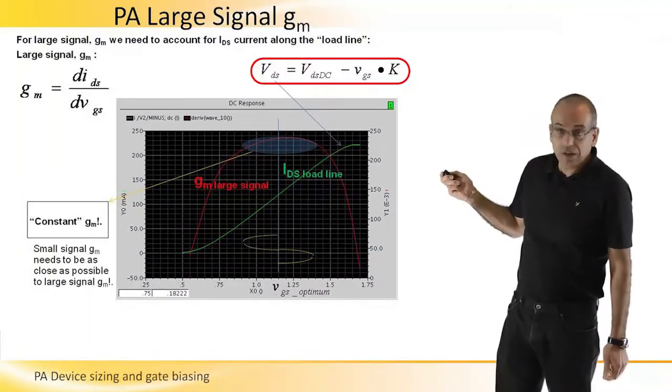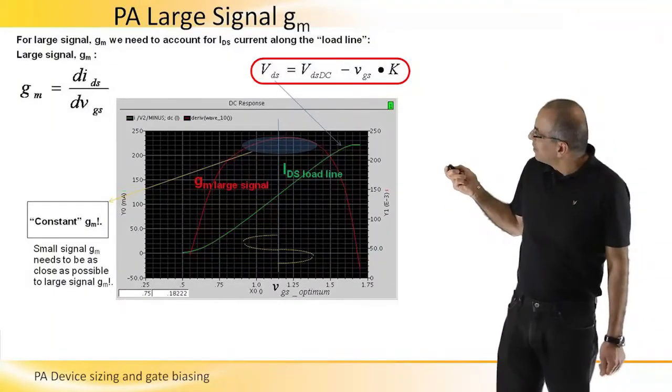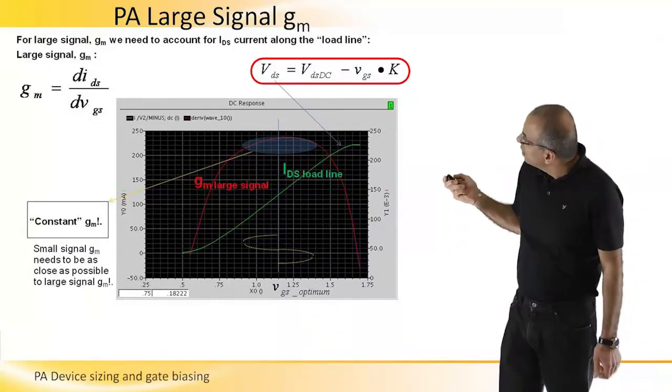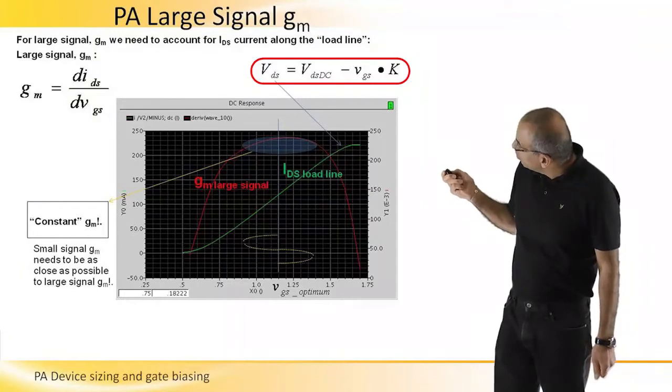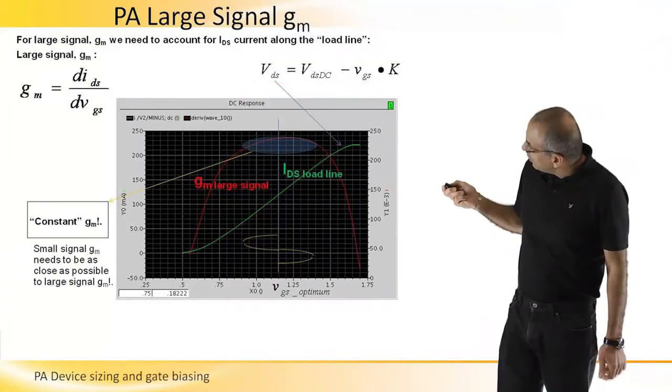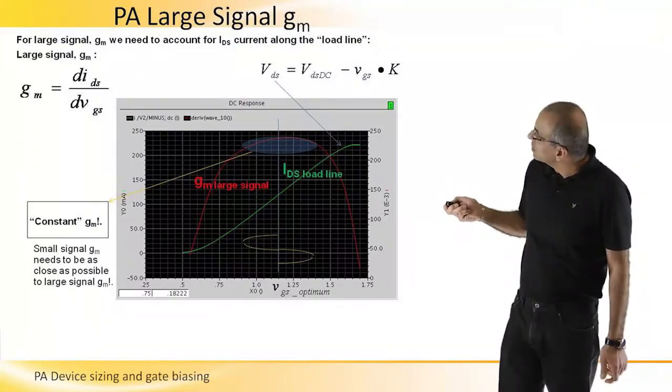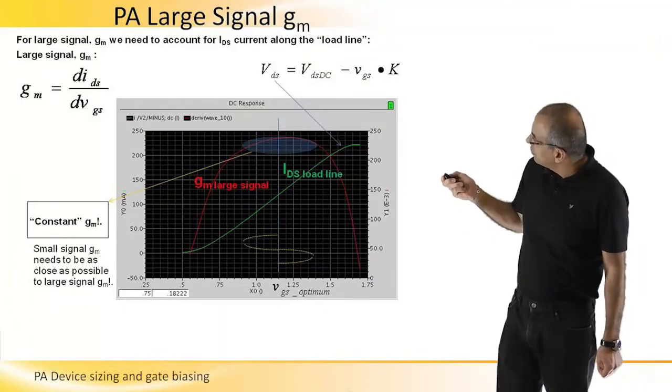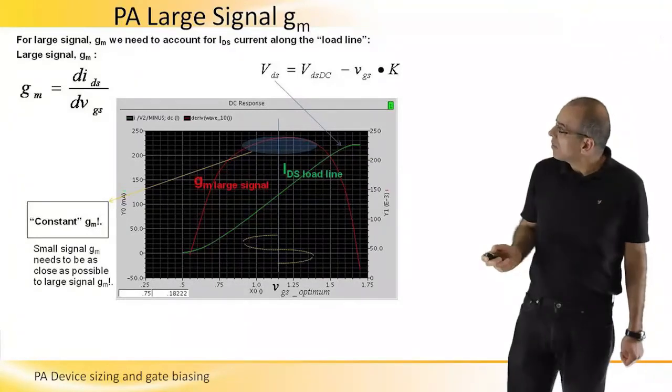Actually this K was calculated before. It's not really a constant, but it is GMRL. And assuming the GM will be constant, it will be constant. Anyways, we derive this current here in green versus VGS when we account for VDS changing as well with the VGS.